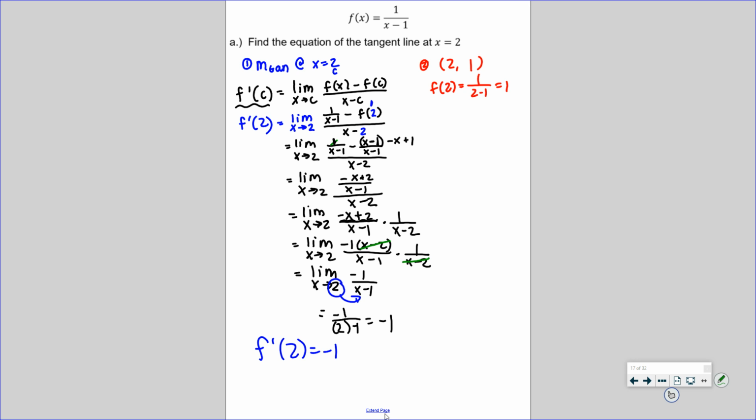So this is enough to write the equation. Here's my equation. I'm going to use point slope form: y minus y1 equals m times x minus x1. So the equation of the tangent line.